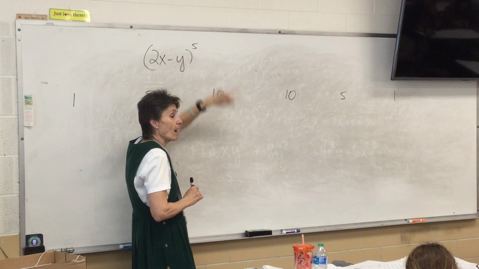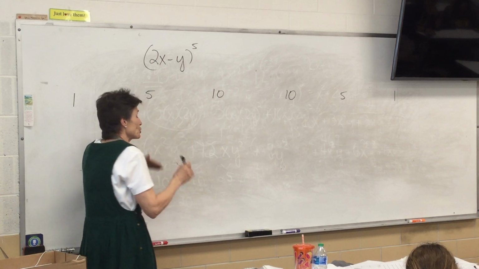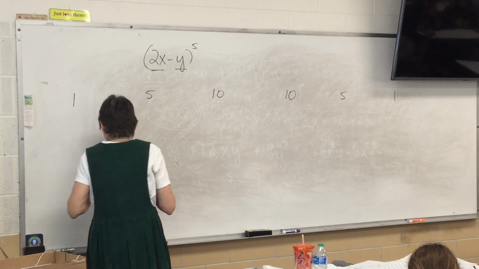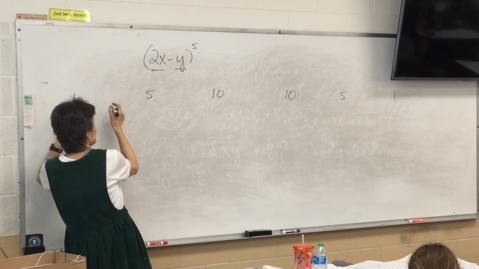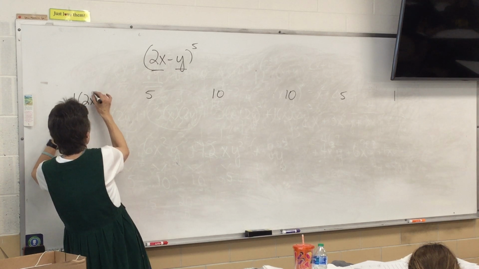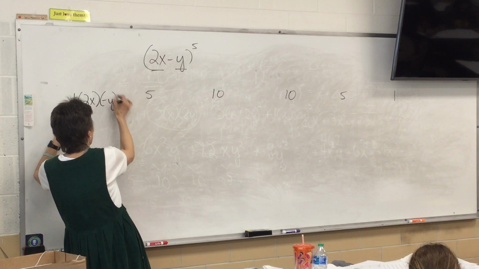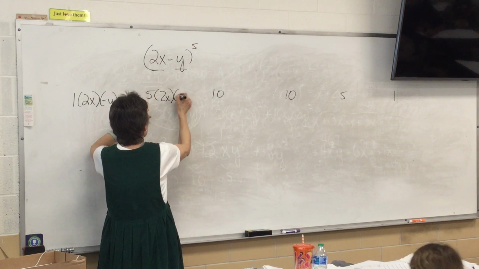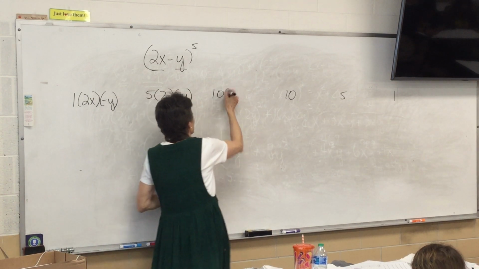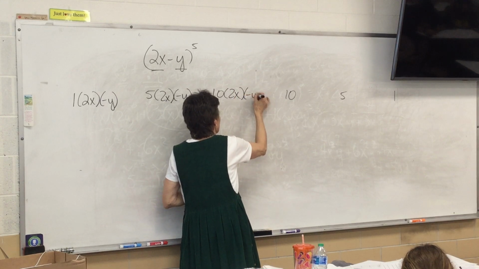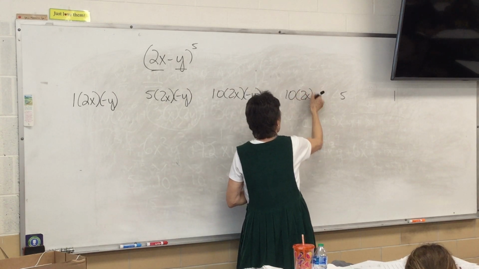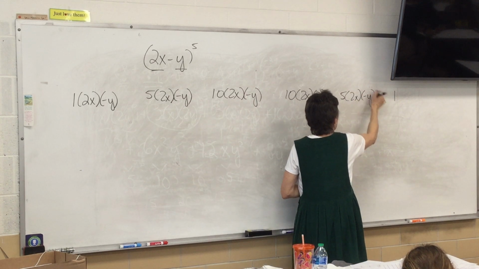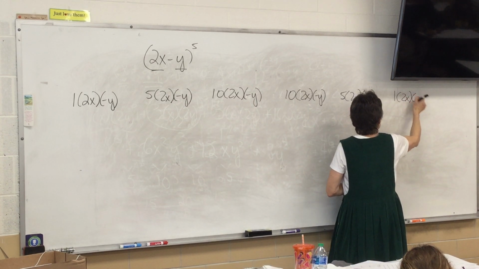Okay? Now, next to each number, you're going to put the 2 parts of your binomial in parentheses. So you have a 2x and a negative y, each time, for every number.